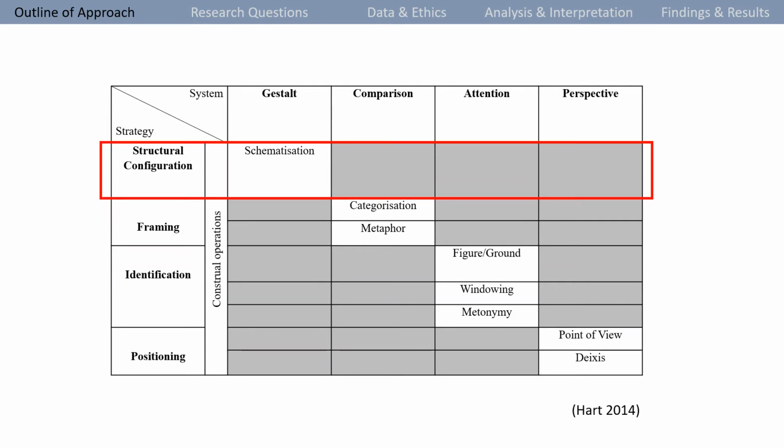So in structural configuration strategies, the basic structural properties of a situation or event are defined. This strategy is realized through the construal operation of schematization, whereby a particular image schema is selected as a model representing the target scene. Image schemas are abstract conceptual structures which represent recurrent patterns of embodied experience. They develop pre-linguistically but come to form the meaningful basis of linguistic units, including grammatical units.